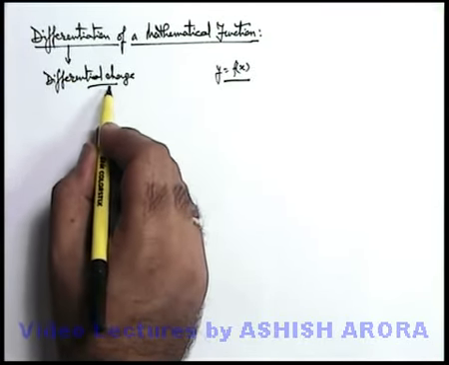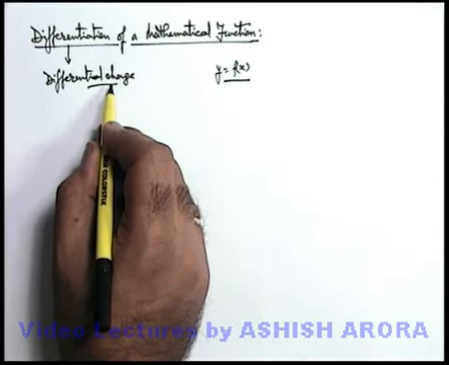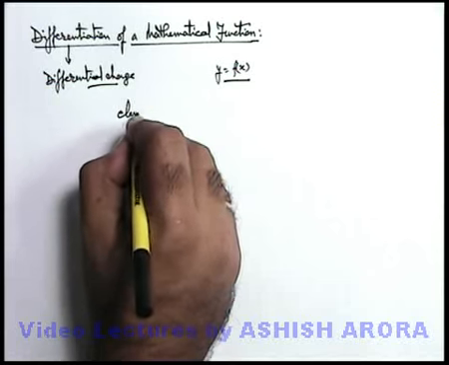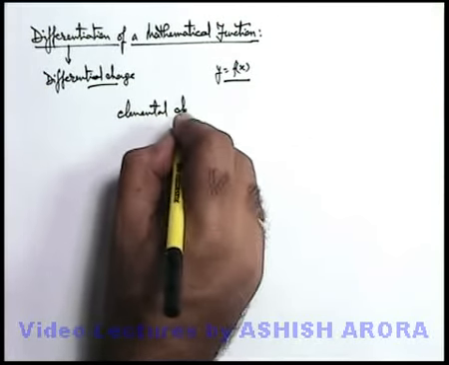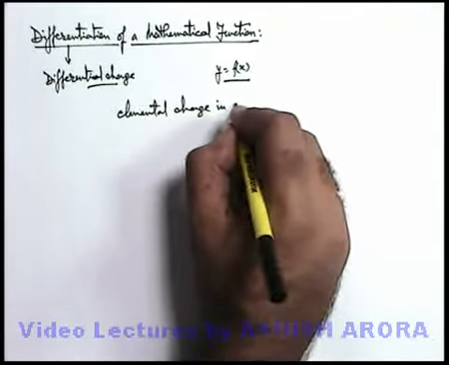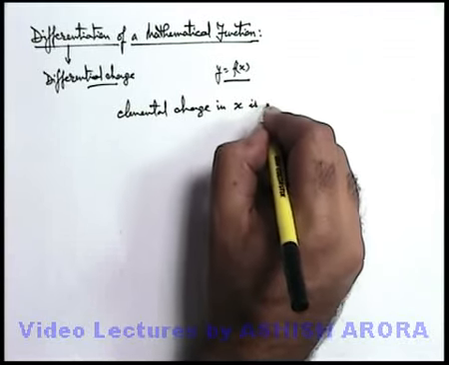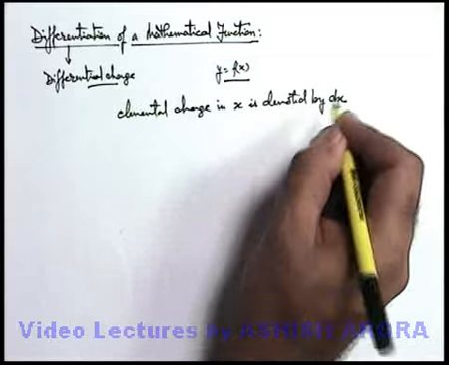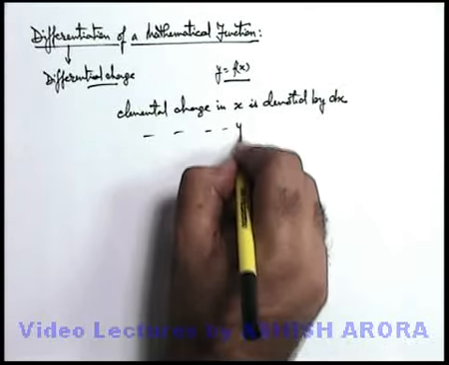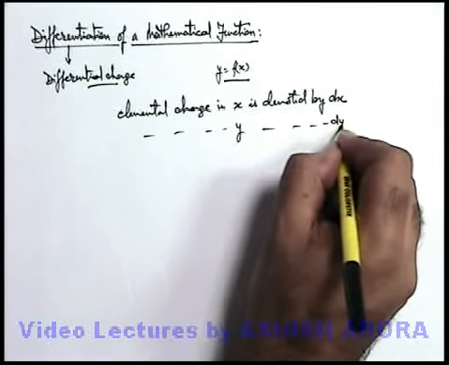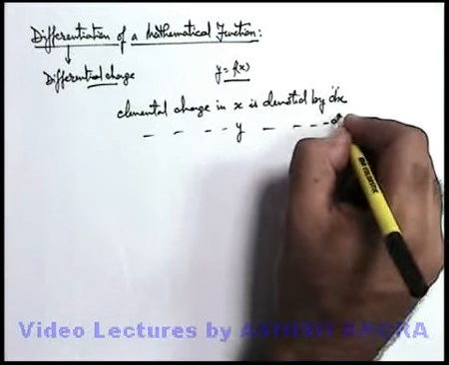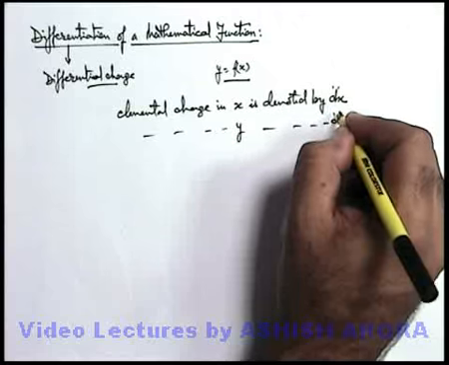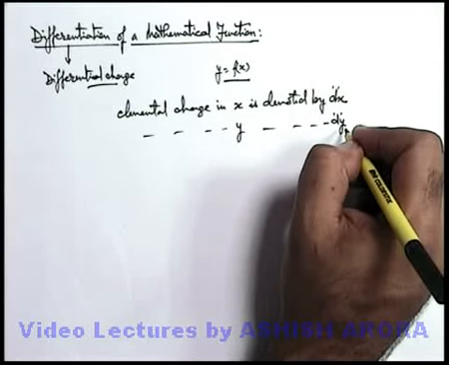These differential changes are denoted by adding a prefix d before the symbol, like elemental change in x is denoted by dx. Similarly, elemental change in y is denoted by dy. This d is a prefix we add before the symbol to denote a very small or elemental change.